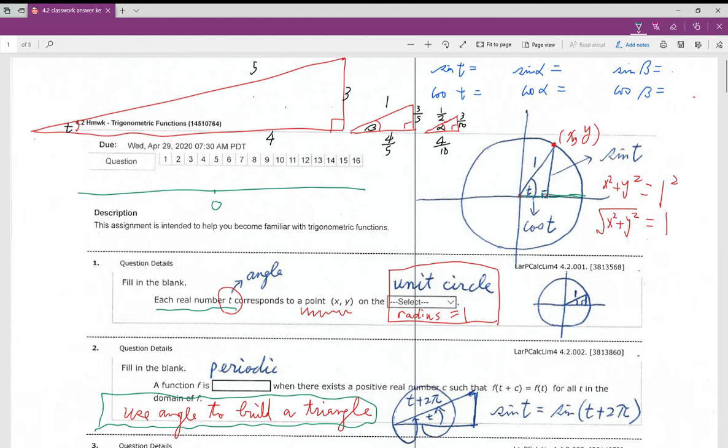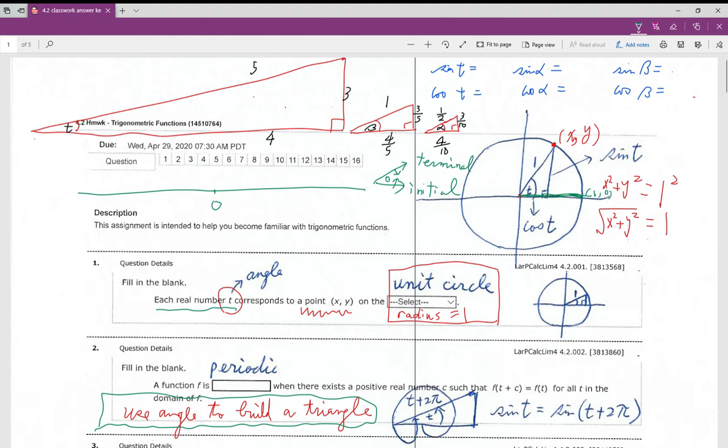You have an initial side and a terminal side, and these two sides merge together, so their angle is 0. They cannot form a triangle. In this case, the endpoint is (1, 0).